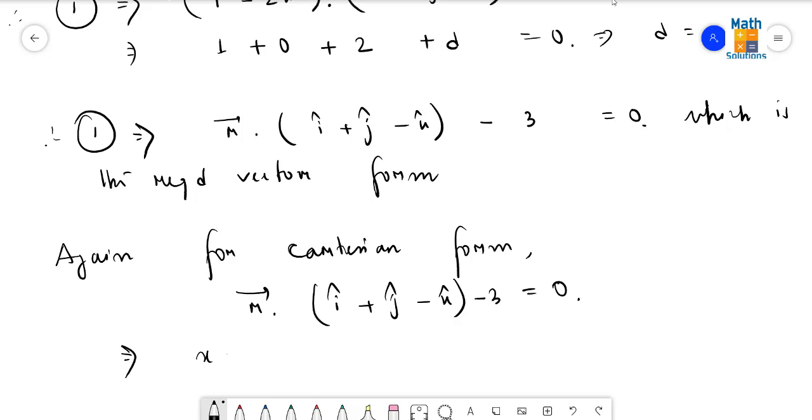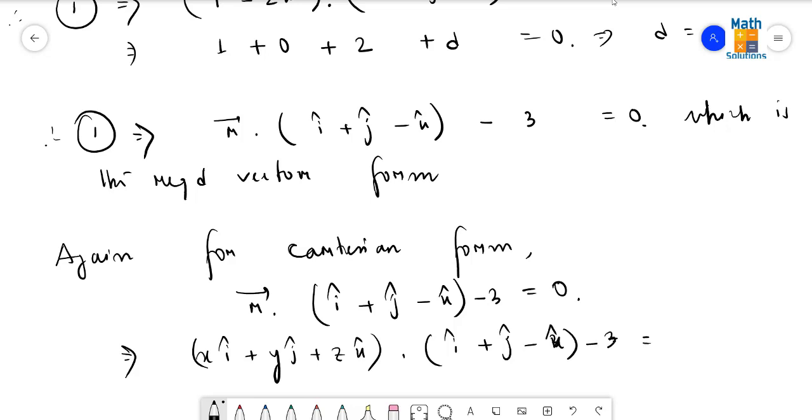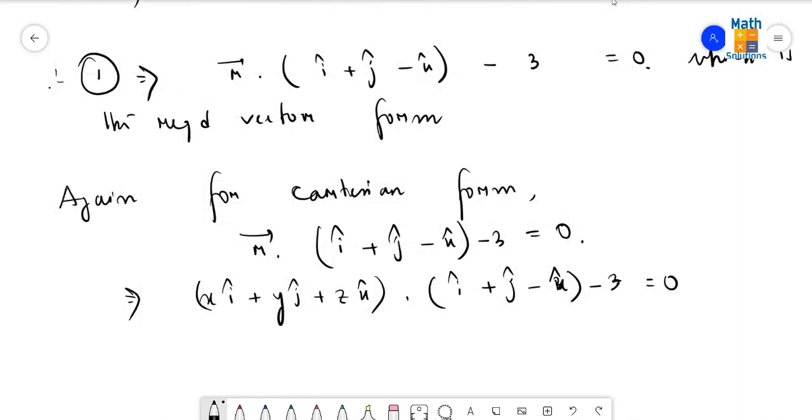This will imply x i cap plus y j cap plus z k cap, for any arbitrary point x comma y comma z, we are considering this dot i cap plus j cap minus k cap, minus 3 is equal to 0. After finding out the dot product, x plus y minus z, then minus 3 is equal to 0. So this is the required Cartesian equation.